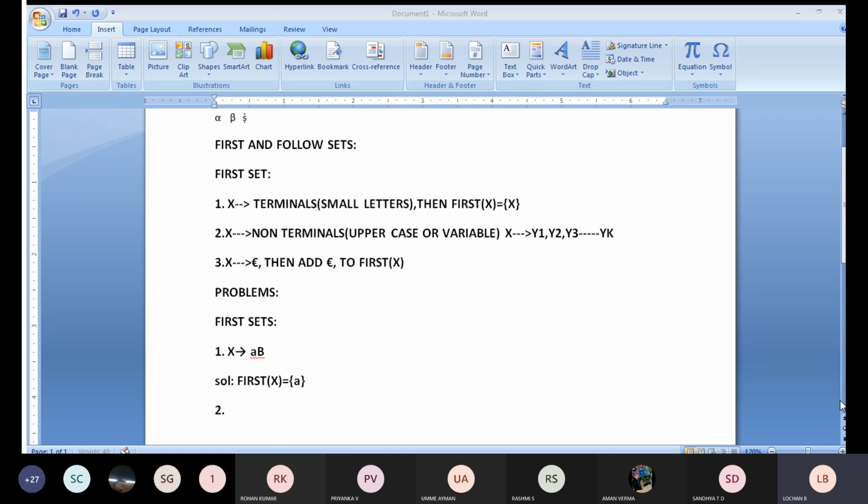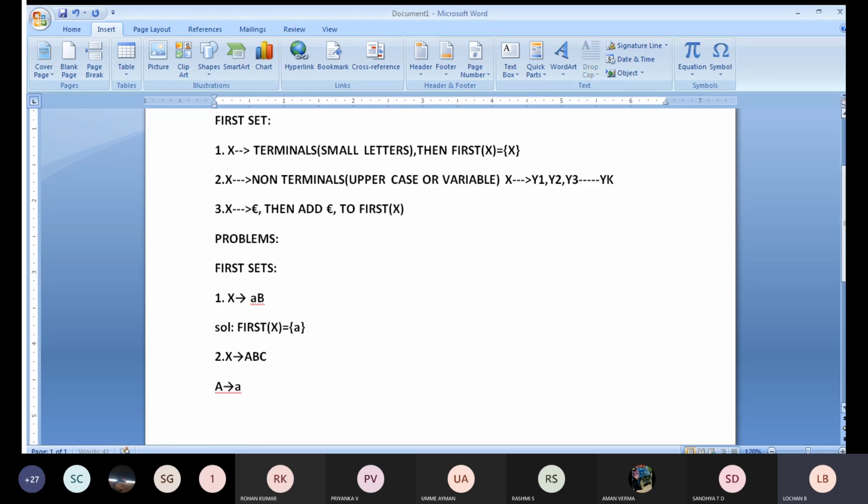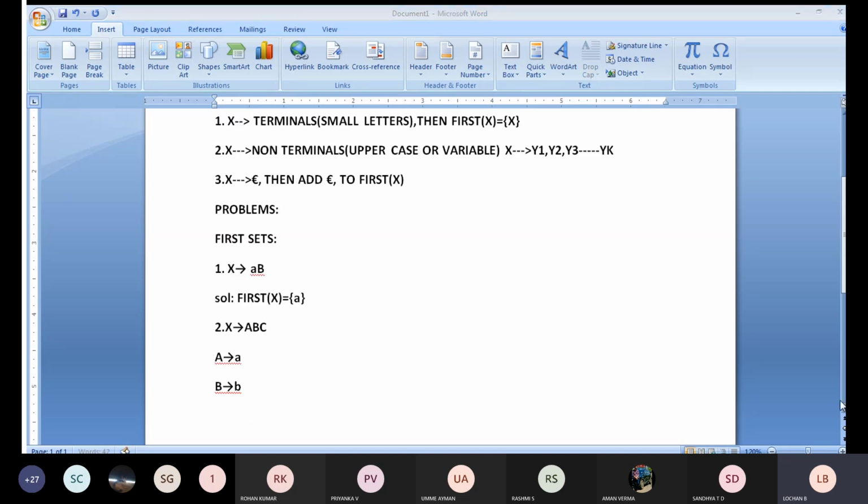If you see the second problem, for example, X implies A, B, C, I'm going to continue my A production here. A implies small letter a, they have given. Next I'm going to continue my production: B implies small b, then C implies small letter c. If you see this question, you have not got epsilon in this case.